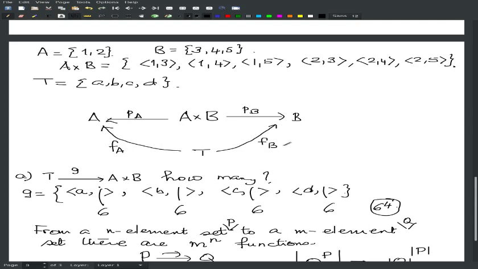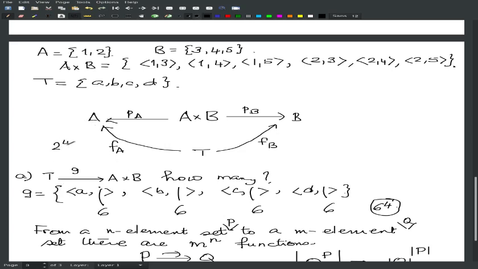And a function here. Now how many functions can you choose for FA? How many functions can you choose from T to A? This is A, 4, it is the other way round. 2 to the power 4.